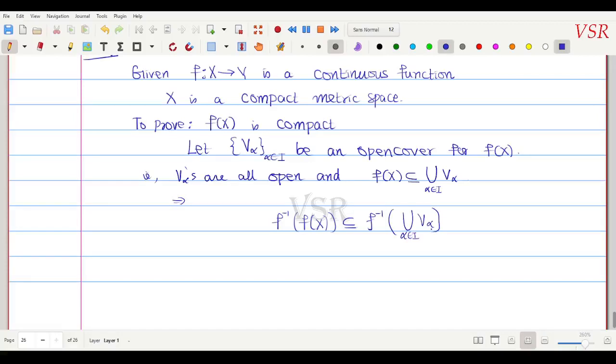F inverse எடுத்துக்கிட்டேன். அப்போ note that this is equal to the union of all alpha belongs to capital I of f inverse of V alpha.